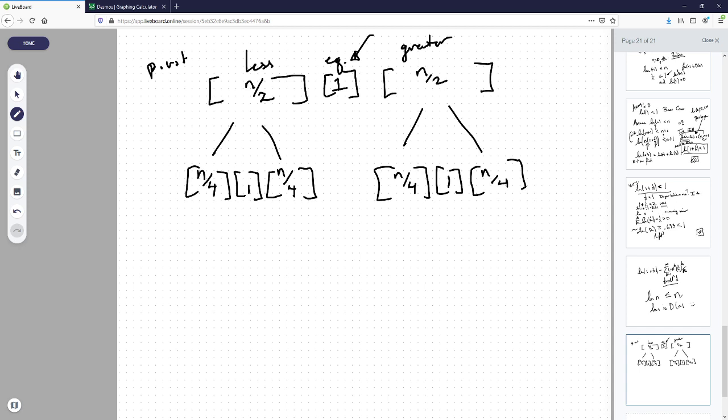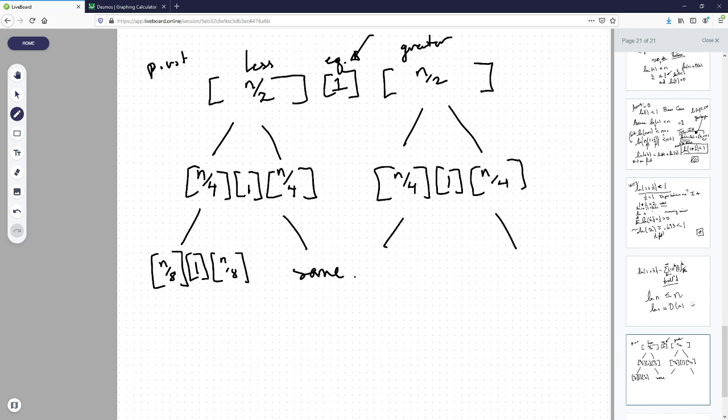Then this one divides into two lists of size approximately n over 8, here's the equal list of approximately size 1, and here's another list of size n over 8. The same thing happens for all of these.